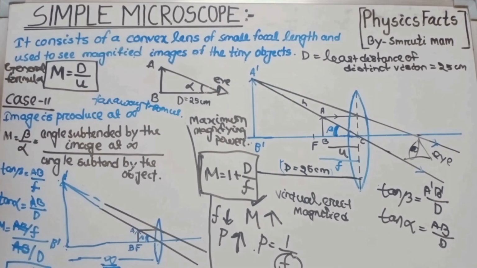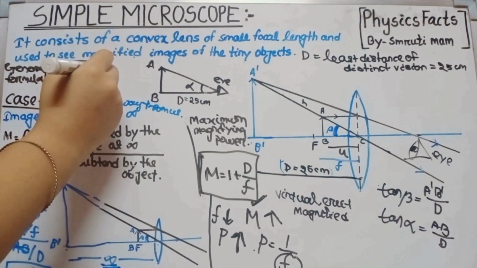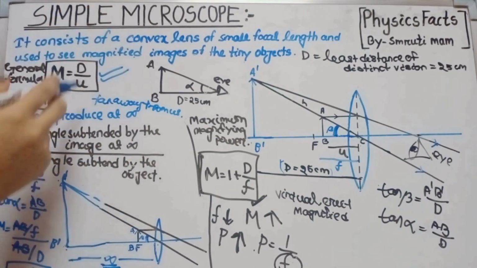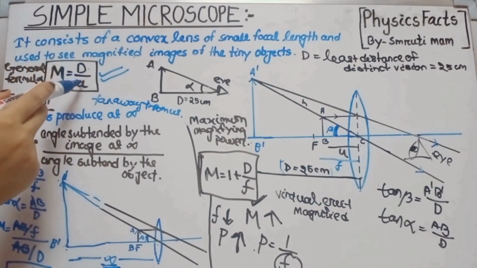So in general we got the formula M equals D by U, least distance of distinct vision by object distance.